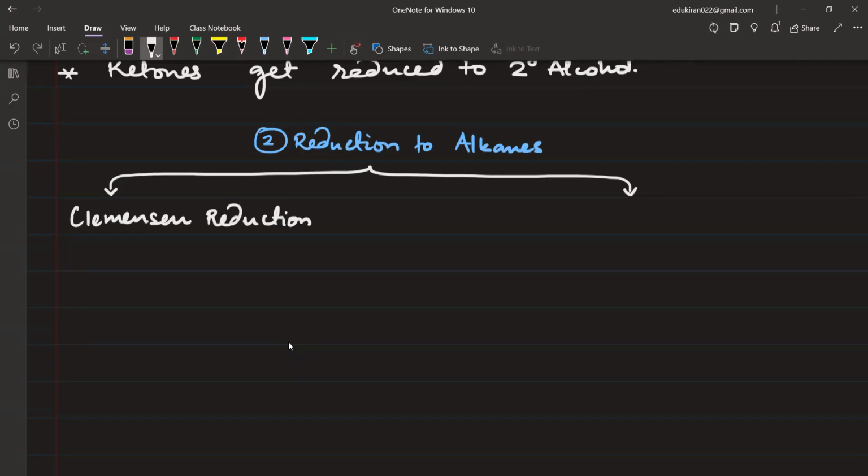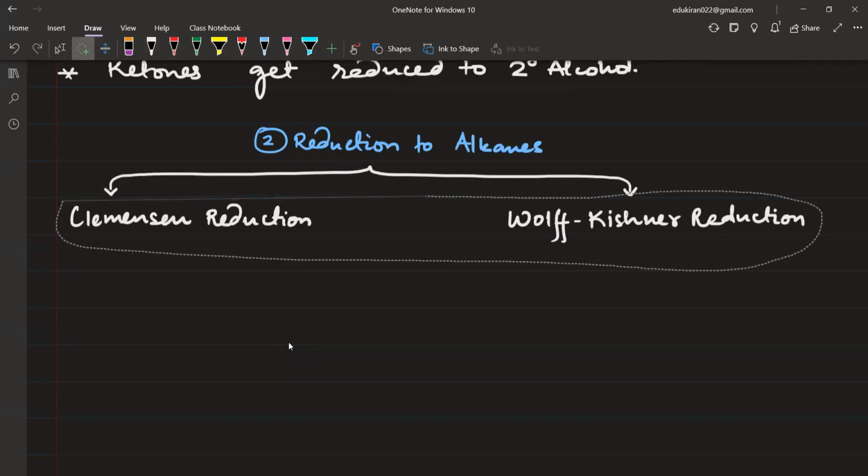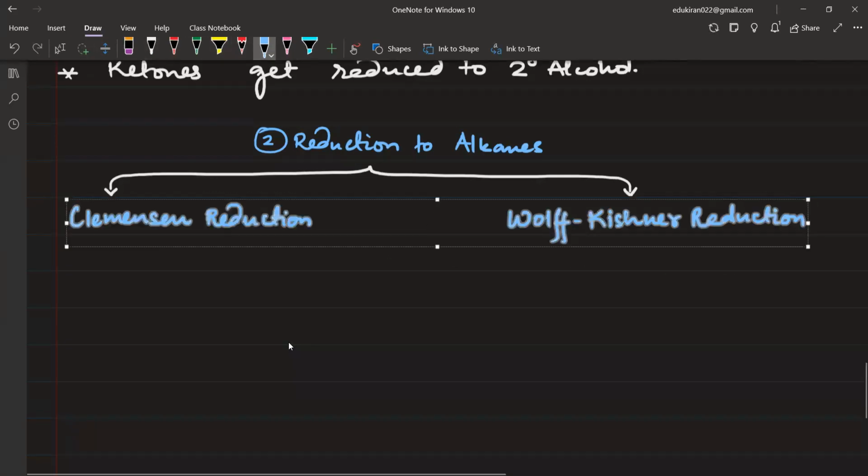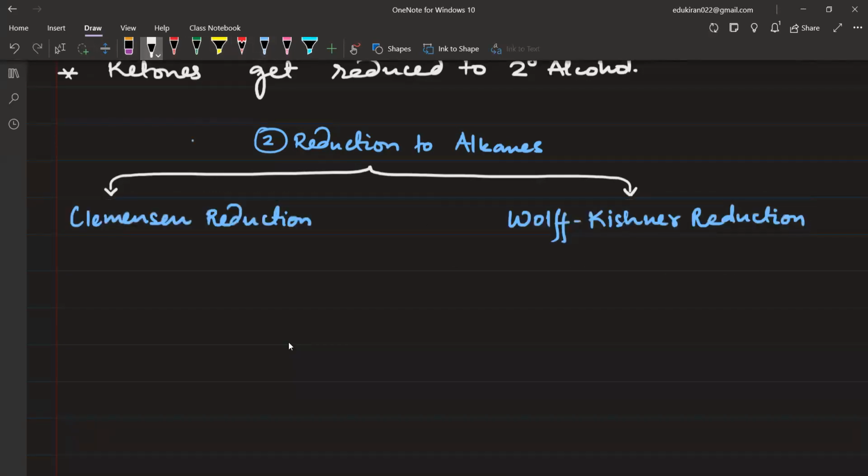The other one is known as Wolff-Kishner reduction. Okay, so these are the two that we are going to study.